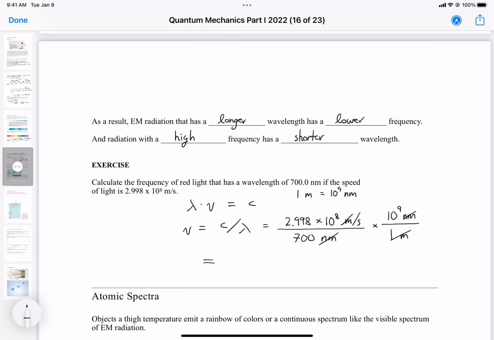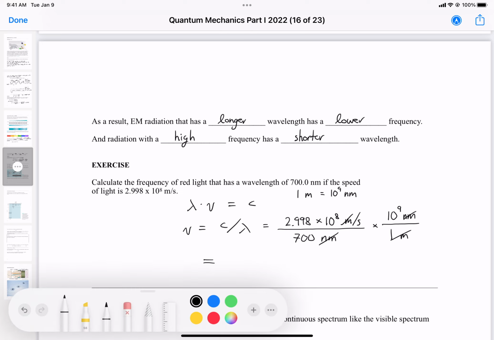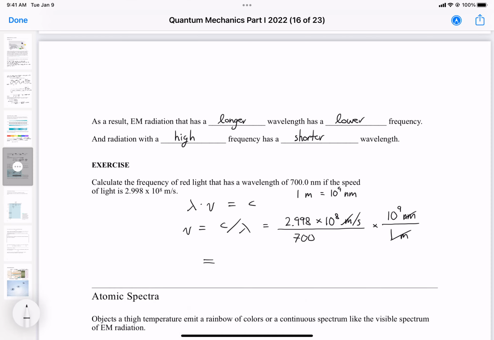So in this case, we get 4. Oh, sorry, I forgot my sig figs, didn't I? Let's put our sig figs. So let's look at our answer here. So remember, conversion factors don't count in sig figs. So we're looking at our speed of light and our wavelength.